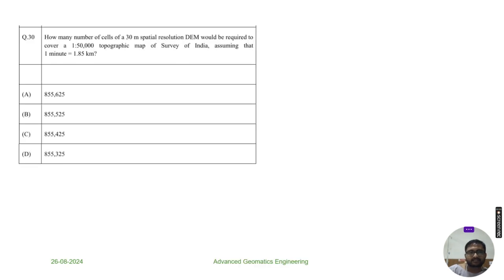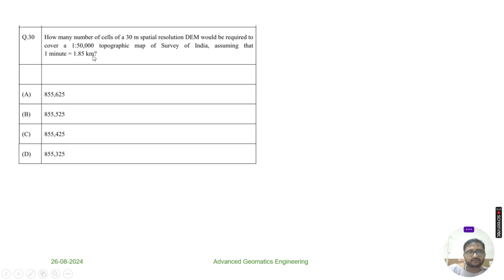So now the next one is how many number of cells of 30 meters spatial resolution would be required to cover a 1 to 50,000 topographic map of Survey of India, assuming that 1 minute is equal to 1.85 kilometer.